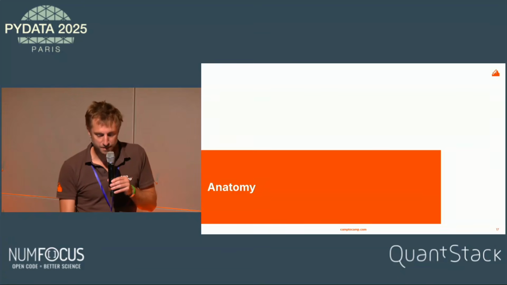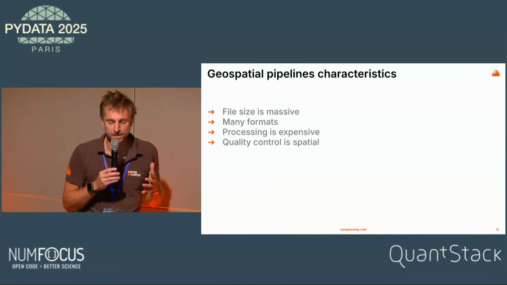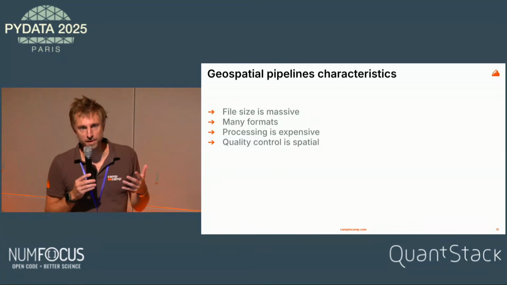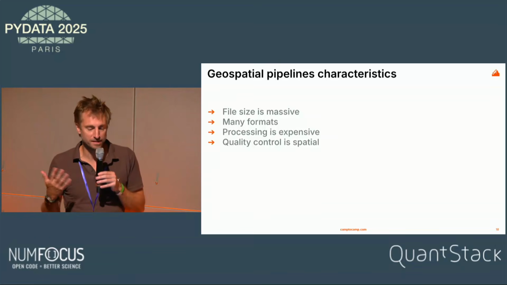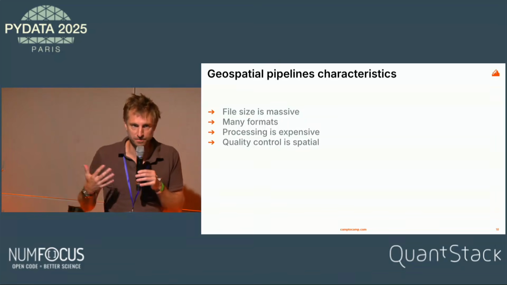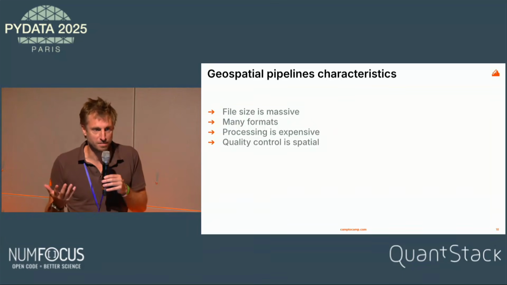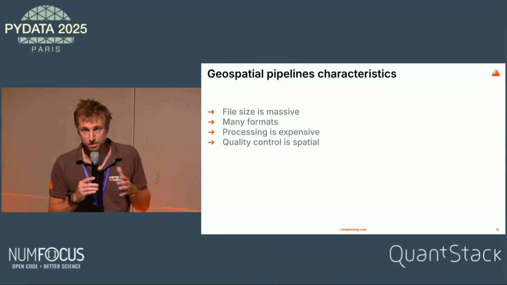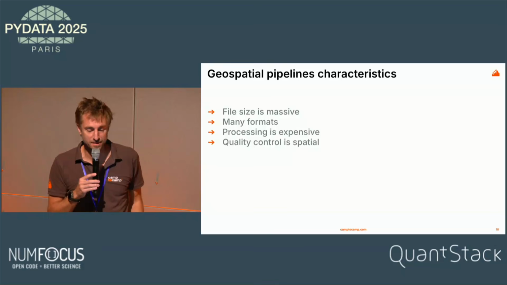So what is different with geospatial? The characteristic, I will say, is that there is a lot of big data, okay, but geospatial data is often big because of its coordinates. So a point is okay, but when you have polygons, there is one point per vertex, and it could be very huge.